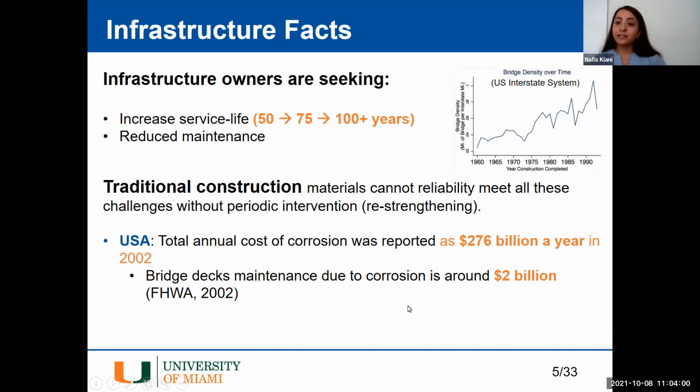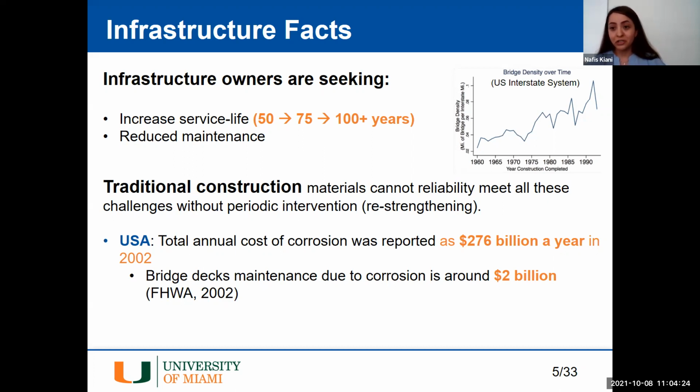The fact is the infrastructure owners are seeking to increase the service life of concrete structures up to 100 years and reduce the maintenance costs. But unfortunately, the available construction materials are not reliable to meet all these demands.